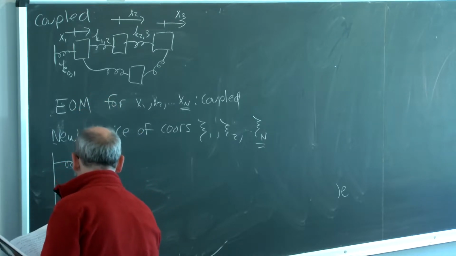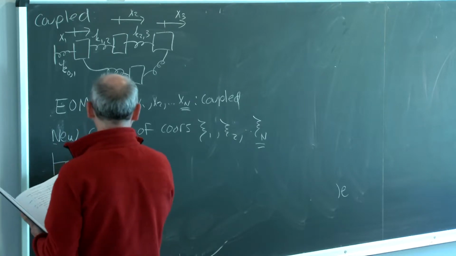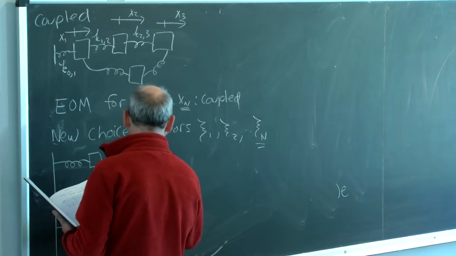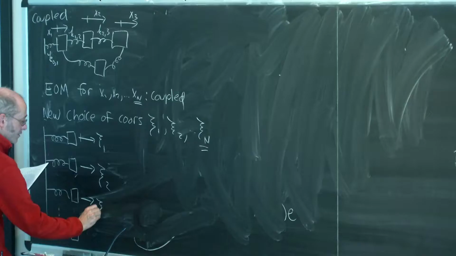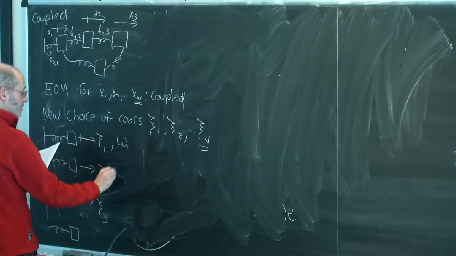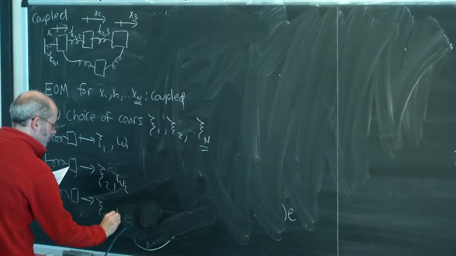So these are what we would call the normal modes. And this coordinate is normal mode 1, this coordinate is normal mode 2, so on and so forth. Each of them having some resonant frequency, omega 2, omega 3.